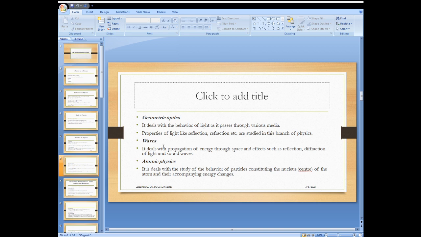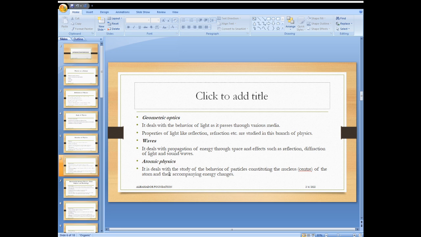We have waves. Waves is a topic that comes later on in physics, Form 2 and Form 3. It deals with the propagation of energy through space and effects such as reflection and diffraction of light and sound waves. So in short, it is giving you a hint that sound and light are waves. Get that very well. Atomic physics is another branch.